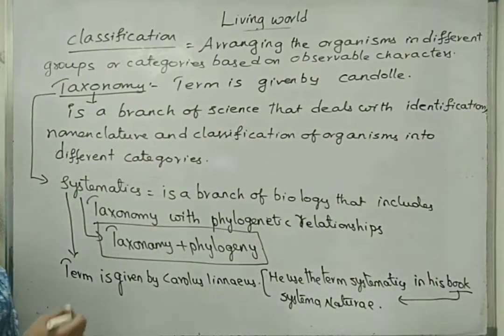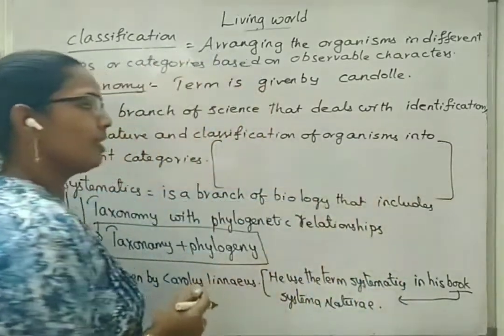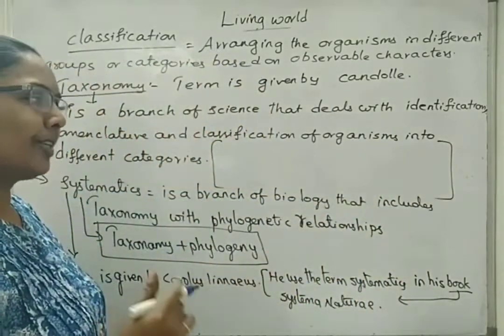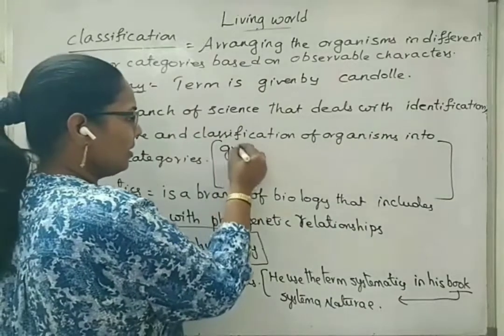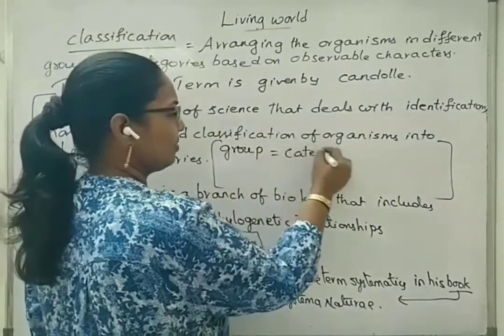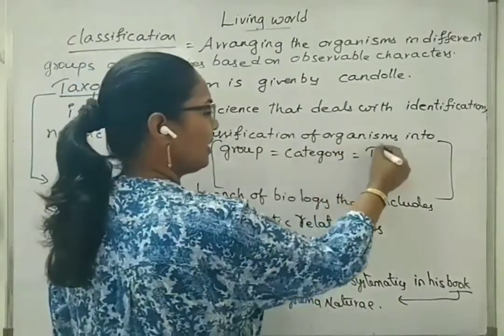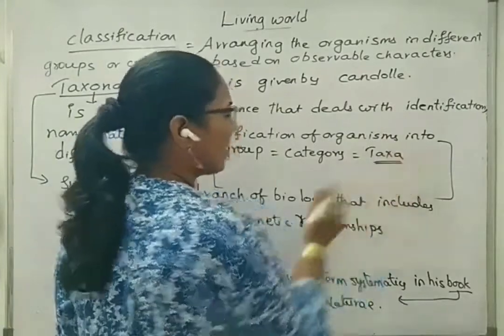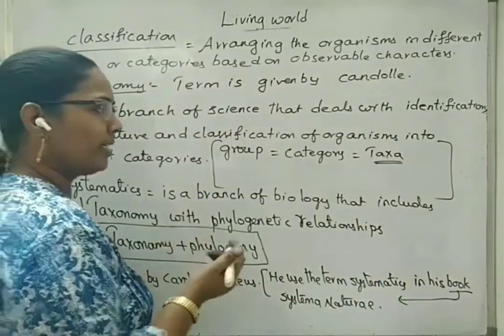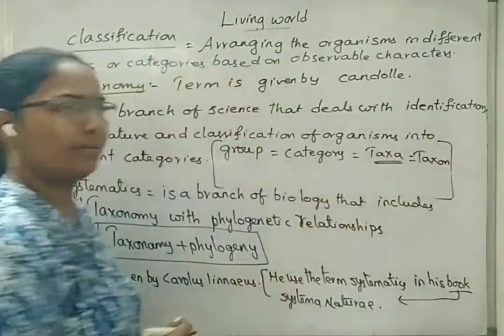When we are talking about taxonomy, generally we are telling classification as categorizing into different groups. So the word group is also termed as category. Scientifically, the same meaning will be given to taxa. Taxa or group or category or taxon. The meaning is same.